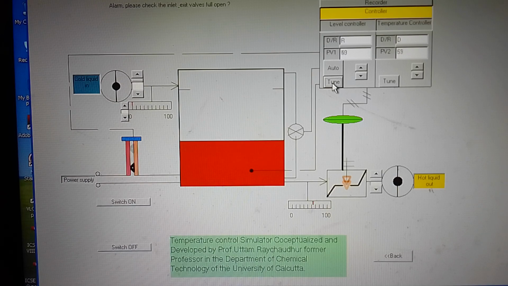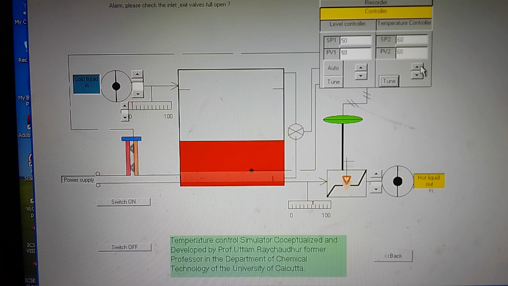That is for level, with a proportional band. Bias value is given, reset is 0, rate is 0, so it is simply proportional control. Here bias is 12, proportional band is given, reset time is 1, rate is 1, so it is a PID control, and both controllers have addresses. This has address 1 and this is address 2.